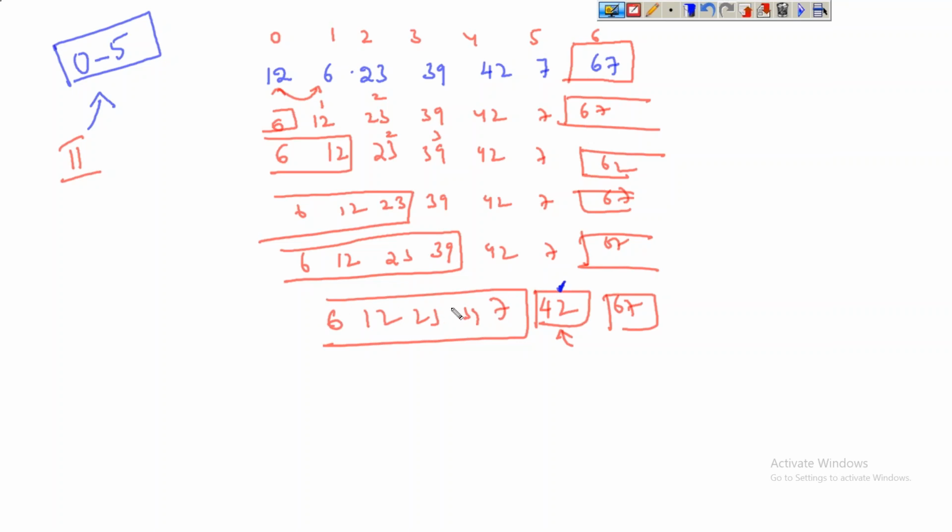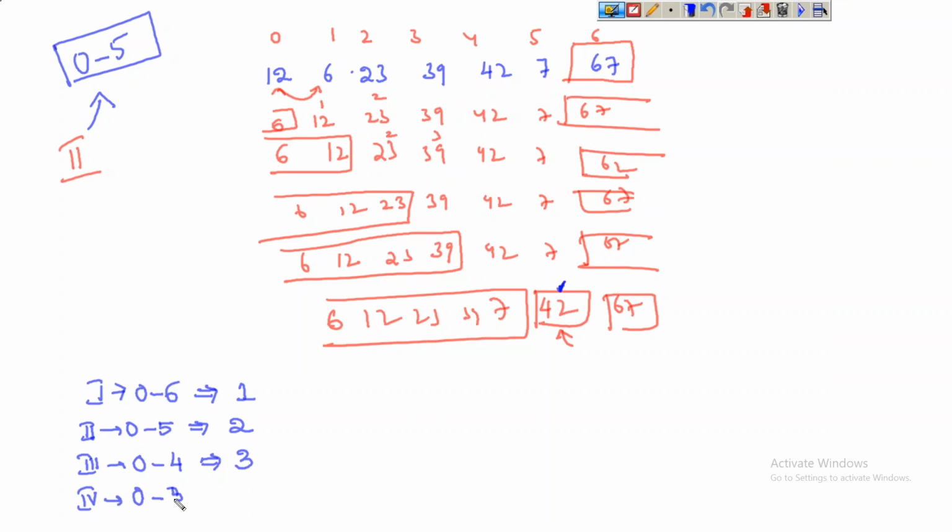Likewise, how many iterations do we have to perform? In the first iteration, the indices considered for processing are 0 to 6, and the last element gets sorted. In the second iteration, processing starts with 0 and ends with 5, and two elements are sorted. In the third iteration, 0 to 4, three elements. The fourth, 0 to 3, four elements.